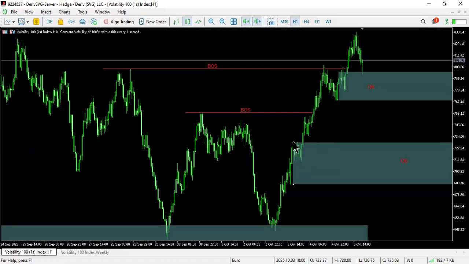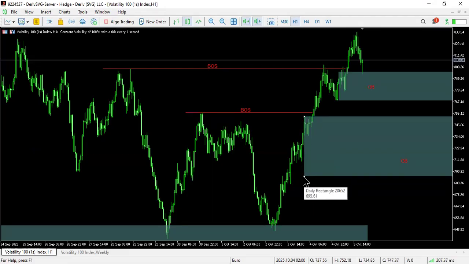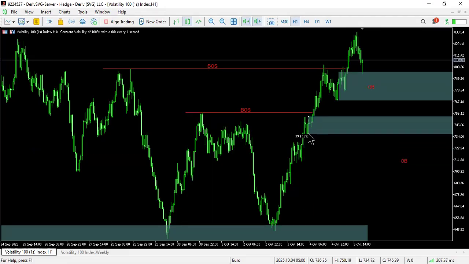And then we adjust the 1 hour order block. If we are to adjust the 1 hour order block, then it's going to be that one. And I'm going to be targeting this order block down here.